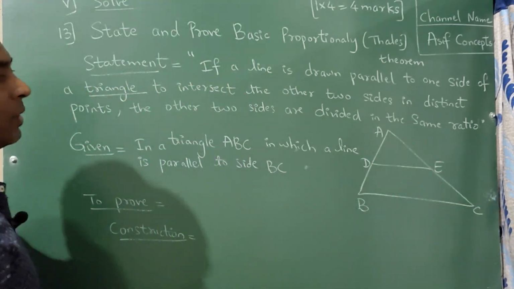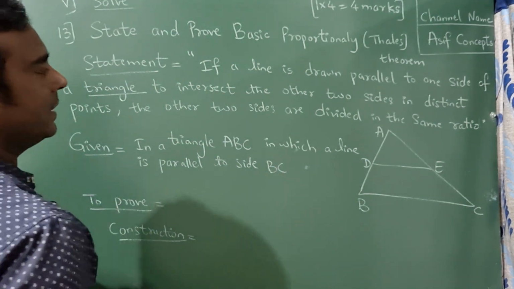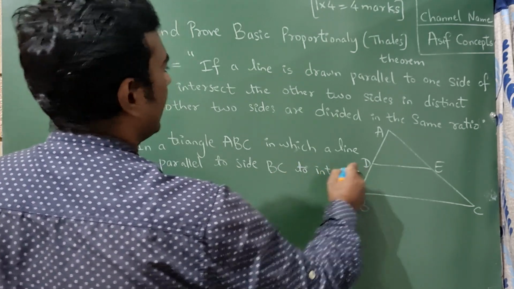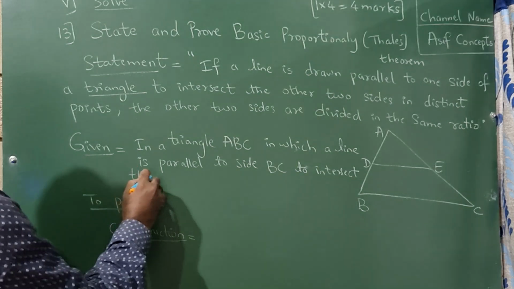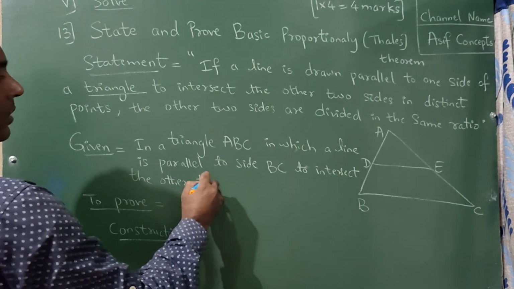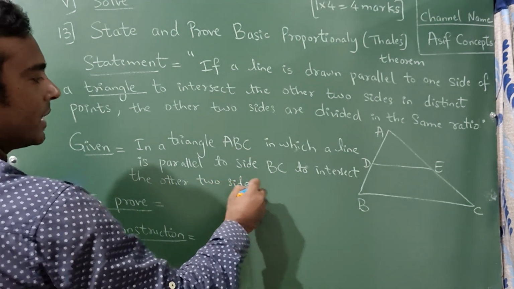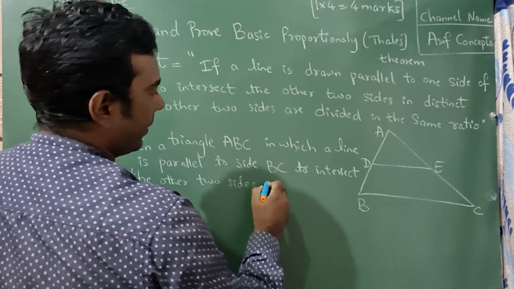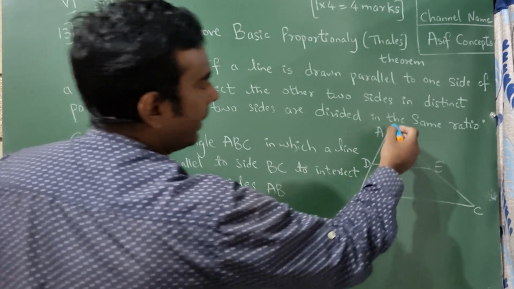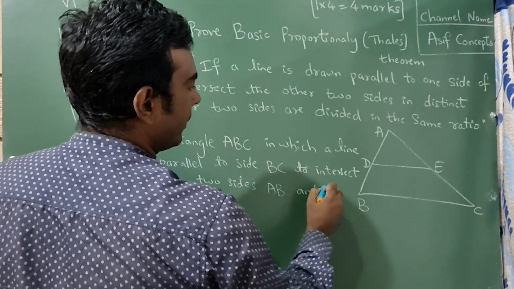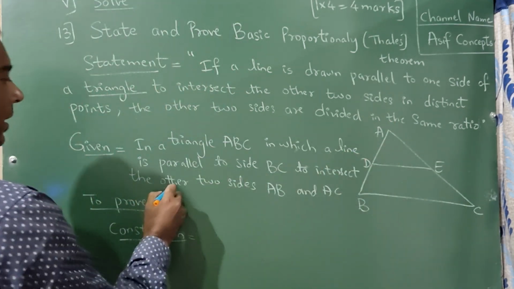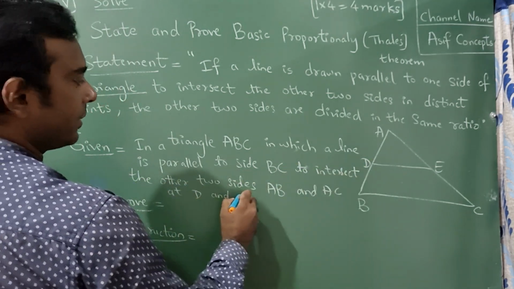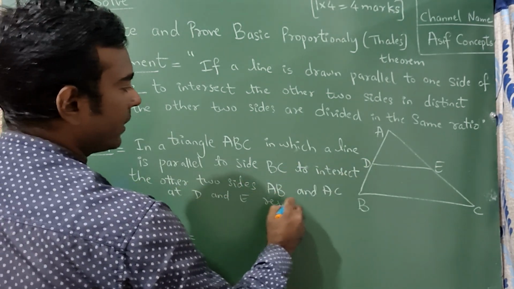So I have drawn a line parallel to side BC to intersect the other two sides. This is BC, this is parallel, and this is intersecting AB and AC at D and E respectively.